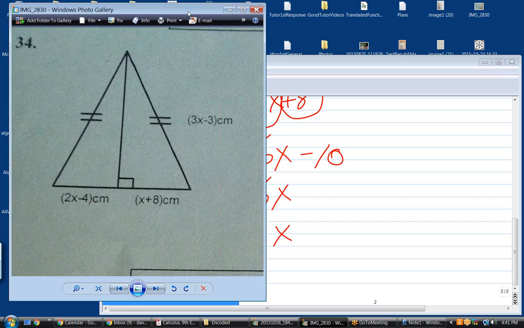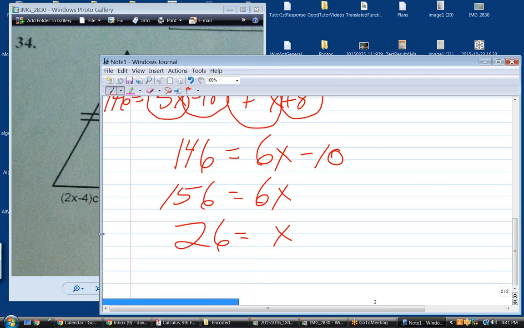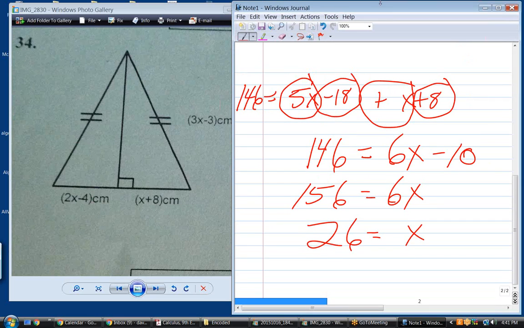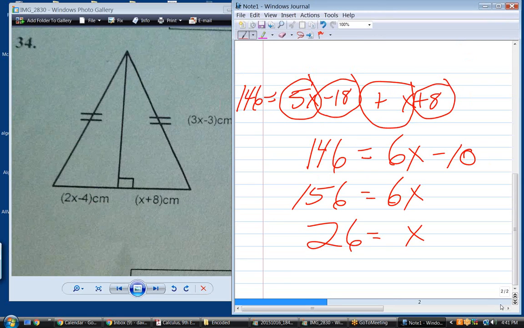So, all right. So what kind of triangle is that? This is an isosceles triangle. Correct. And the fact that they drop a vertical from the vertex and it's perpendicular to the bottom means what?